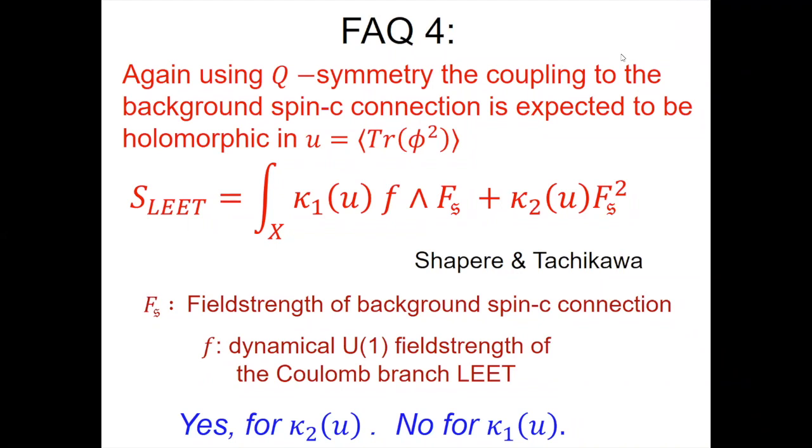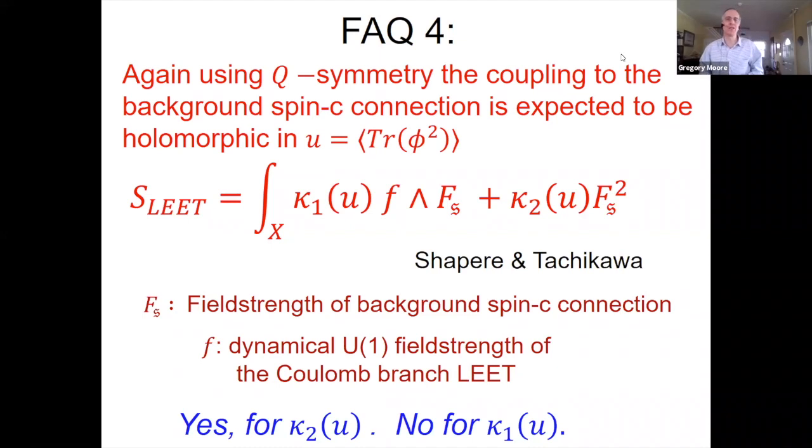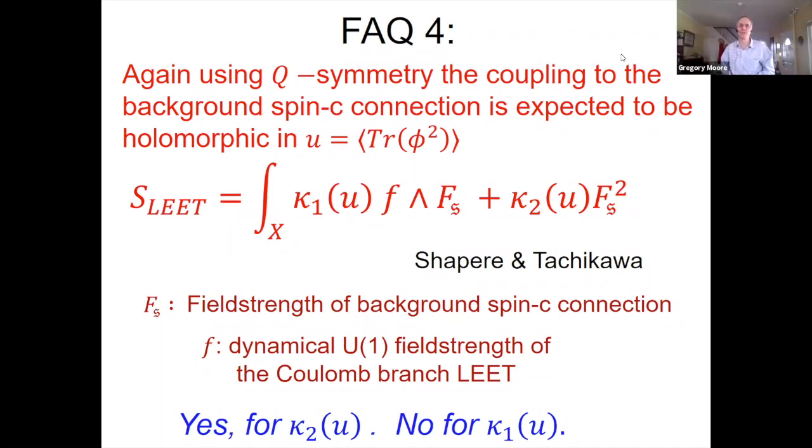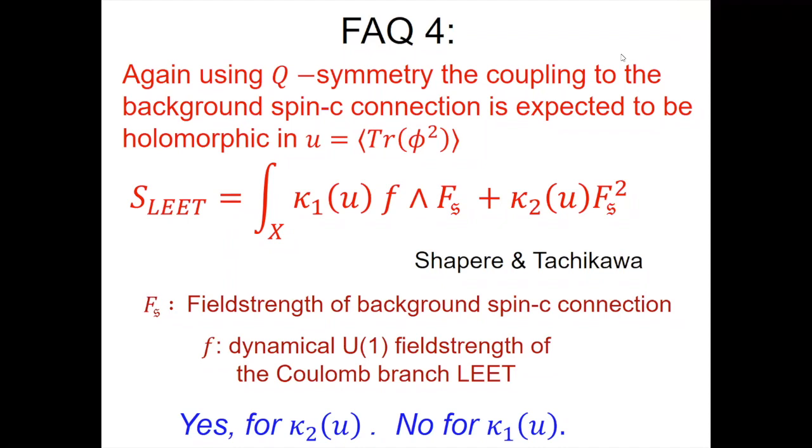I'm confused by something here. The object that is not holomorphic, does it have to be holomorphic if we assume supersymmetry? Well, the usual Q symmetry arguments suggest that it should be holomorphic. If I did not do any twist, I just took the theory without the twist, is there a corresponding coupling in the theory? Sure. And is that holomorphic? Sure.